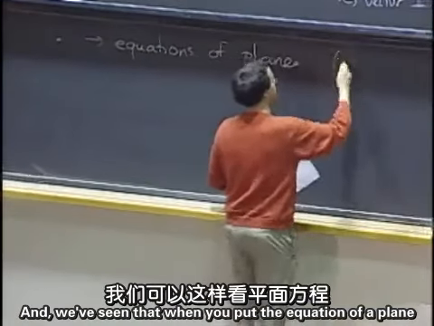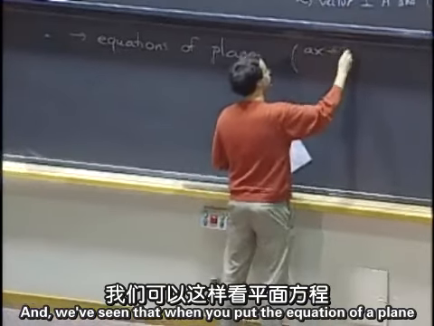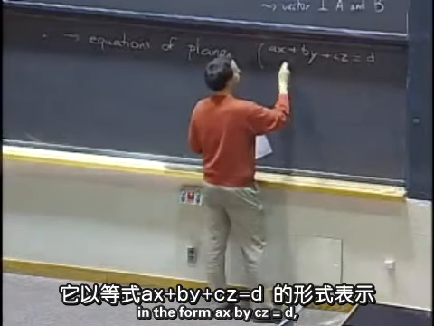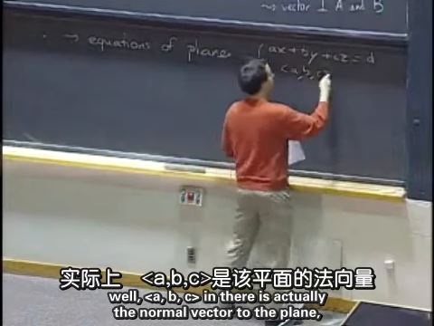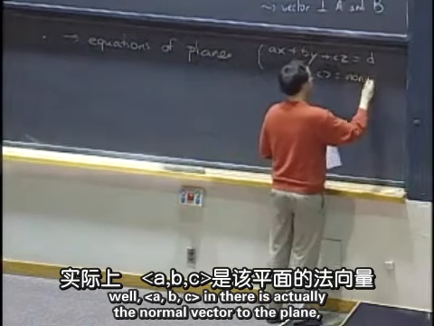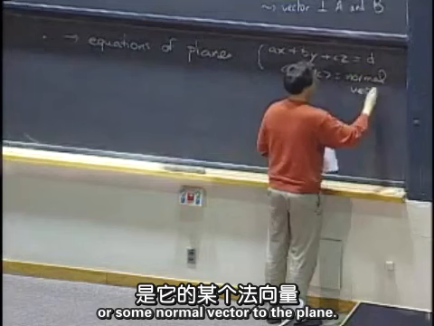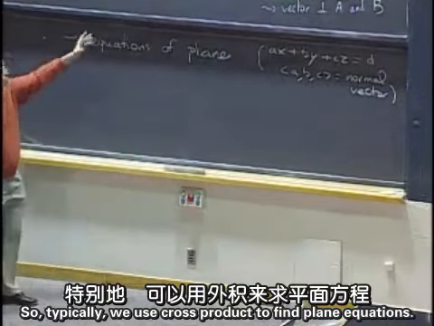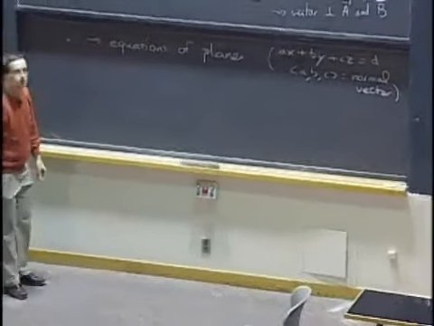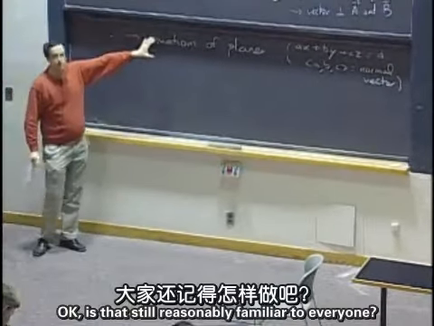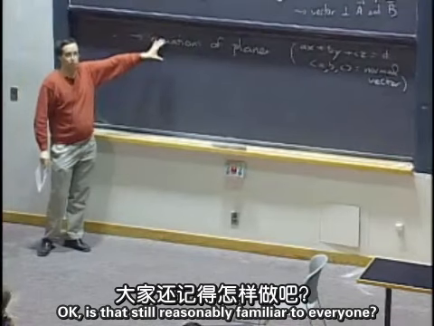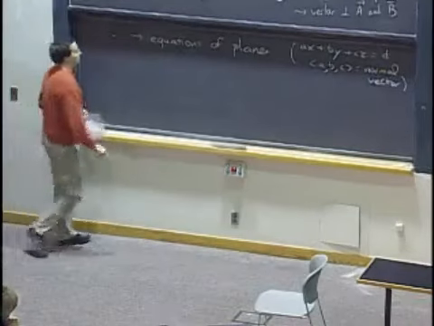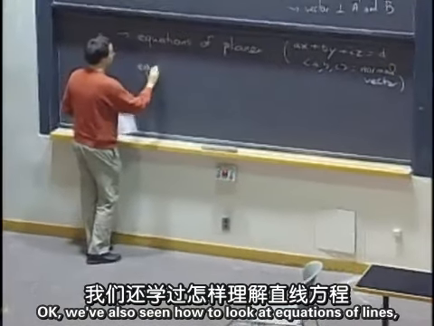And we've seen that when you put the equation of a plane in the form ax plus by plus cz equals d, well, ABC in there is actually some normal vector to the plane. So typically we use cross product to find plane equations. Okay? Is that still reasonably familiar to everyone? Yes, very good.